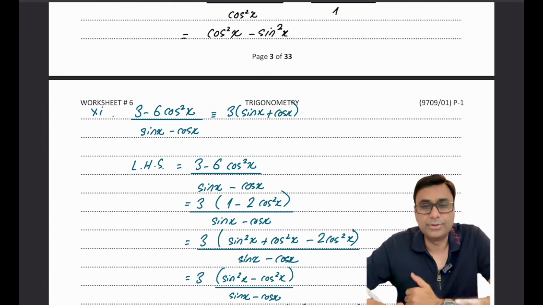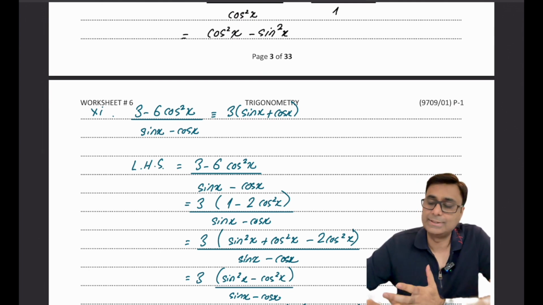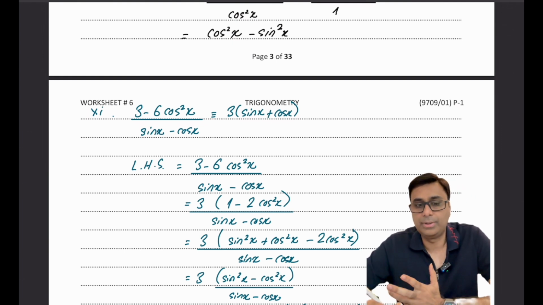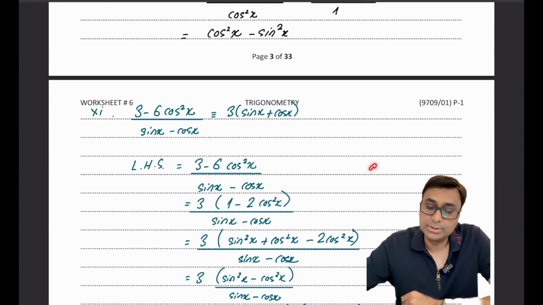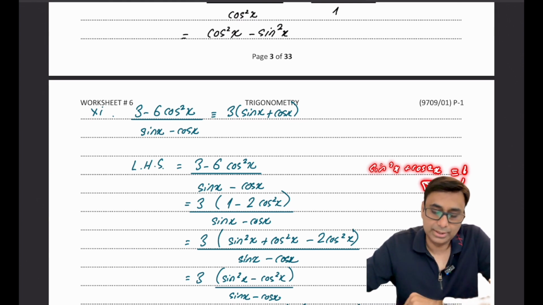Since we are so used to replacing sine square x by 1 minus cos square x, or cos square x by 1 minus sine square x, or sine square x plus cos square x by 1, we just do not look at the other alternative as well, and that is if we have 1, we can also replace it by sine square x plus cos square x. So keep your eyes open for that. Even that is something that could be required in a particular situation.